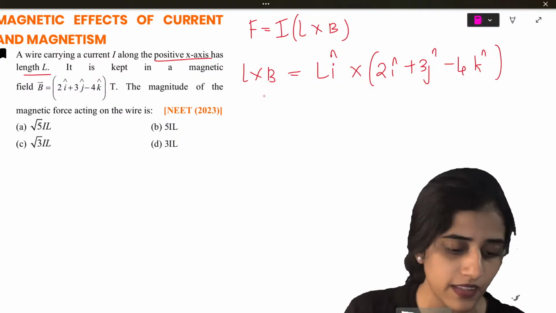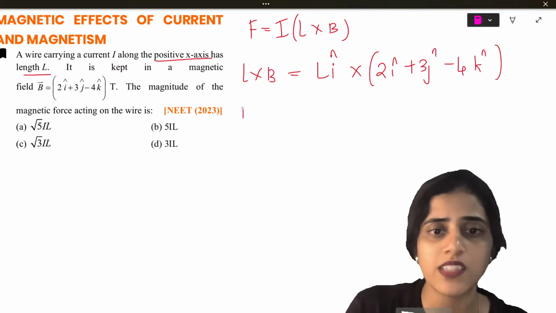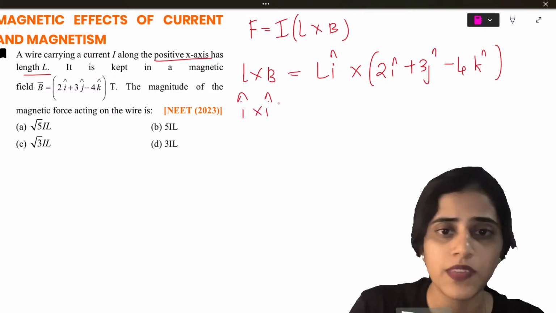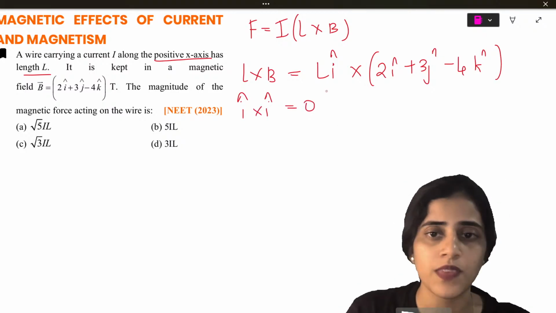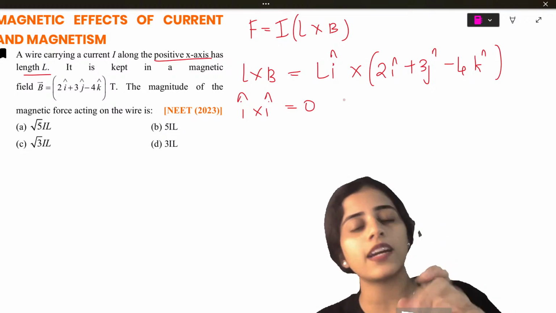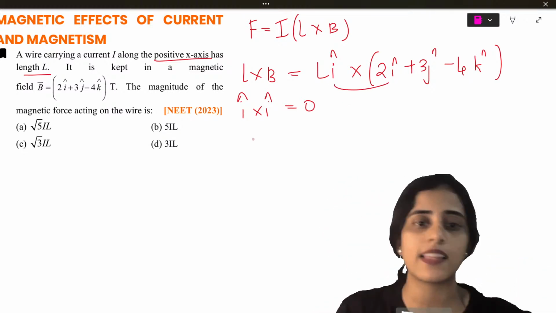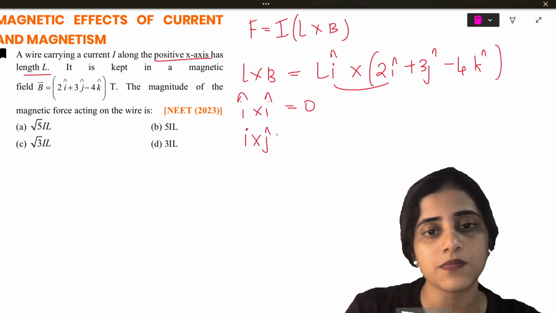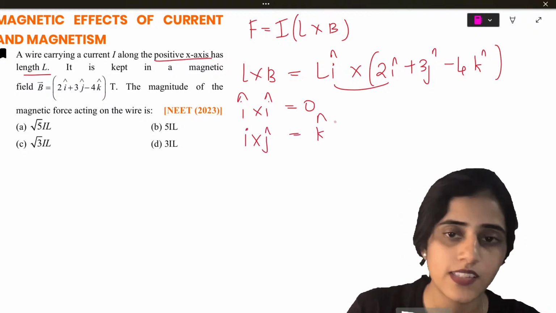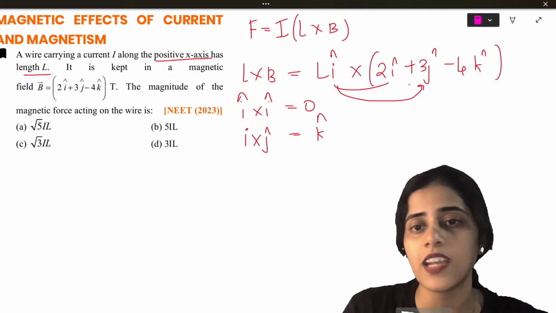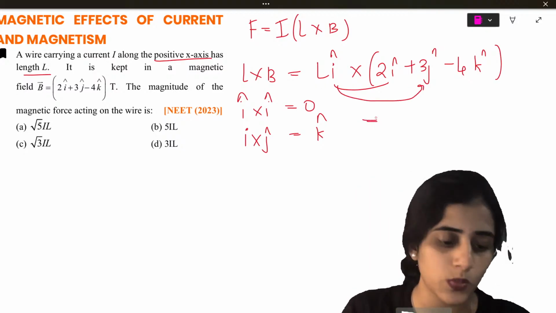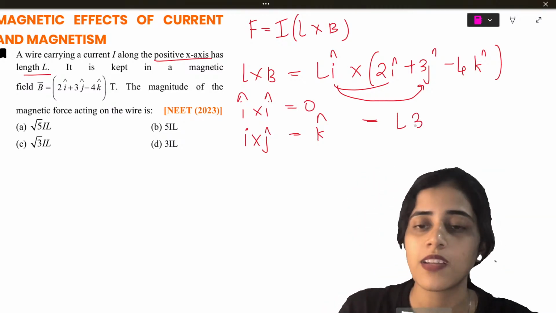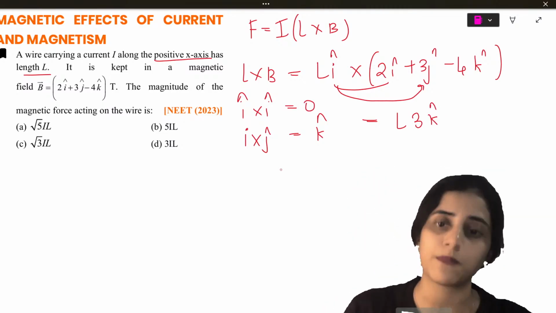Now let's do the math. Some things you might already know, but if anybody does not know, what is i cross i? i cross i is 0. So L i cap cross 2i cap is 0. So these two terms cancel. Next is i cross j. i cross j is k cap. So L i cross 3j is going to be L into 3 k cap.